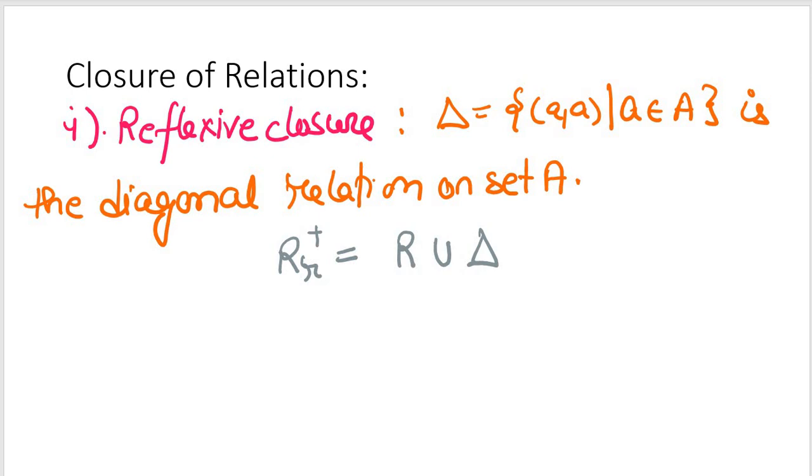So what it means is that I have to identify the reflexive closure, within which I'll be finding all these elements, and then I'll go ahead with the union operation.